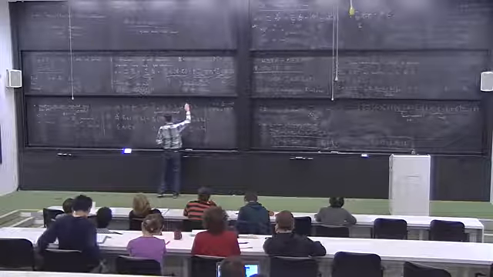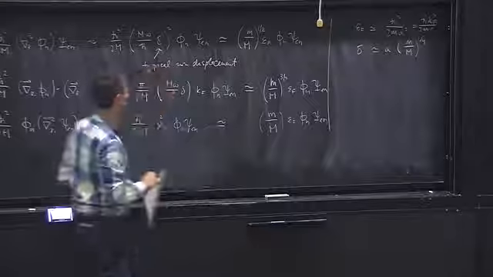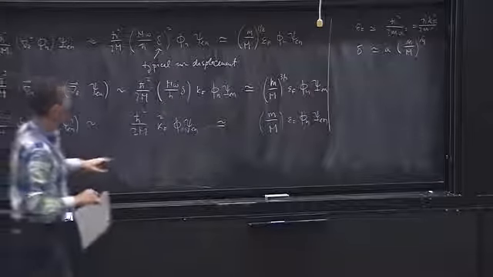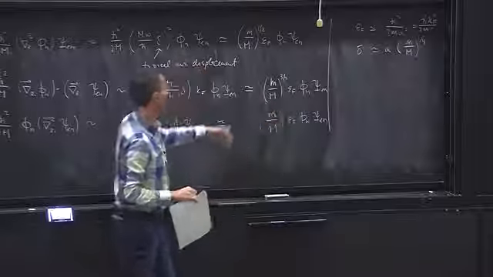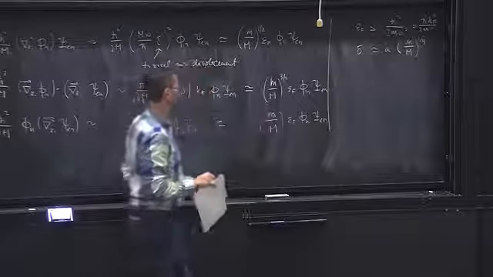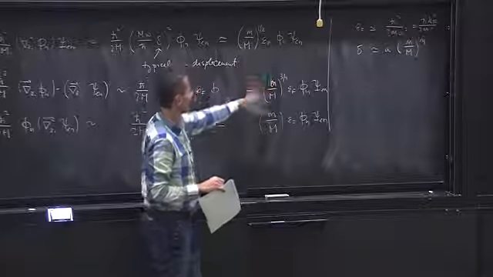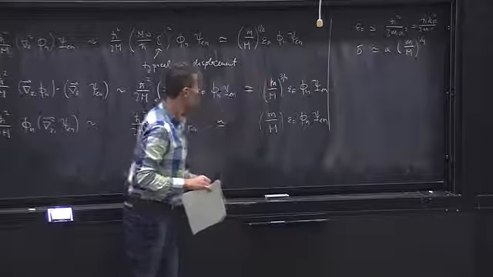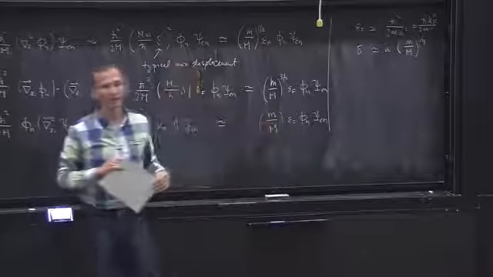I'm sorry, this should be one. The subsequent terms that we neglected have larger powers of this small number, and this is an extra m divided by capital M to the power 1/4, and this has 1 more power of that.